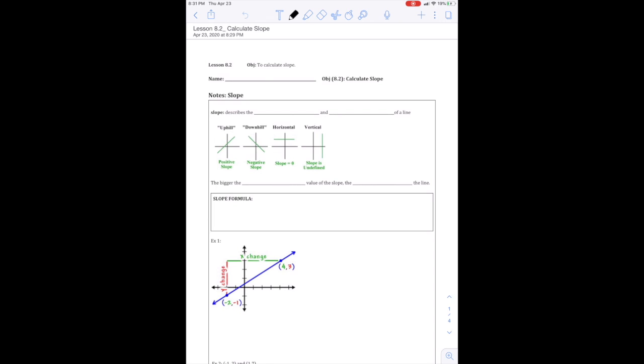Okay, slope. Slope describes two things in regards to a line. It describes the steepness, a little hard to write on this, and the direction of the line.